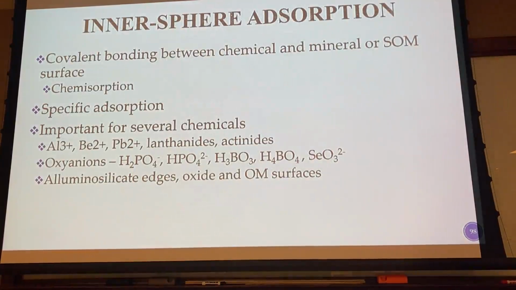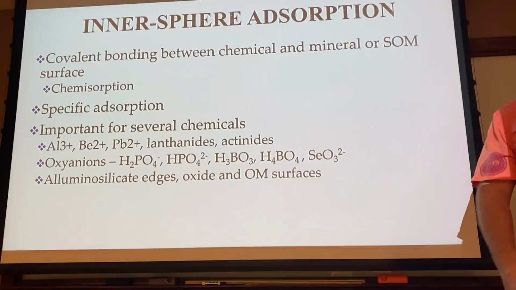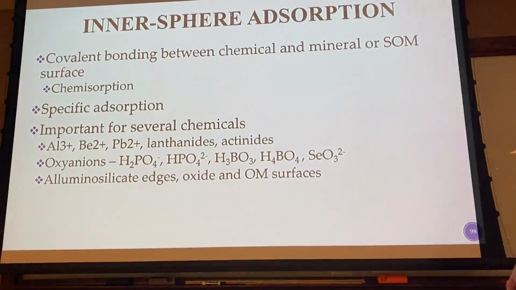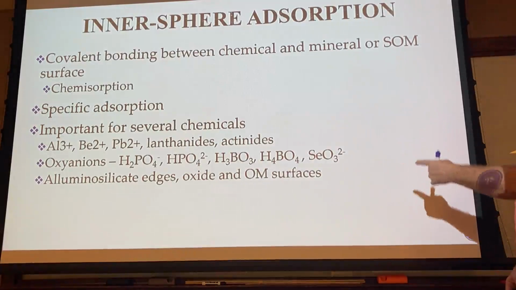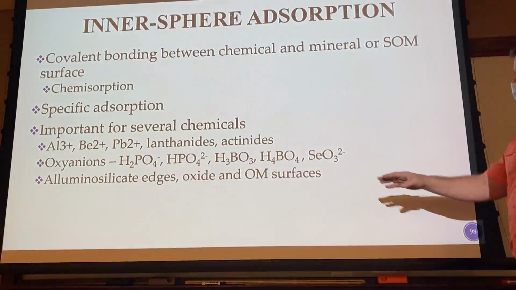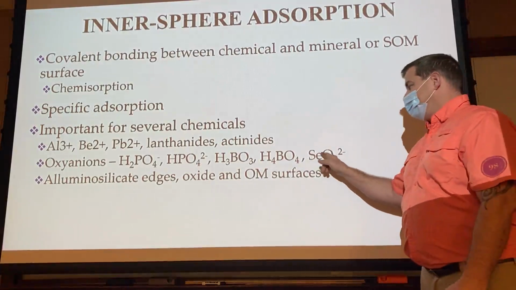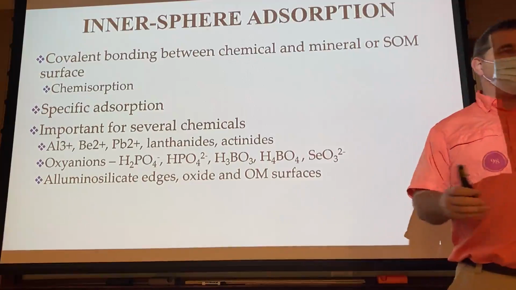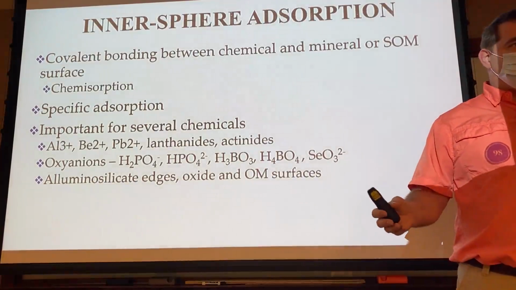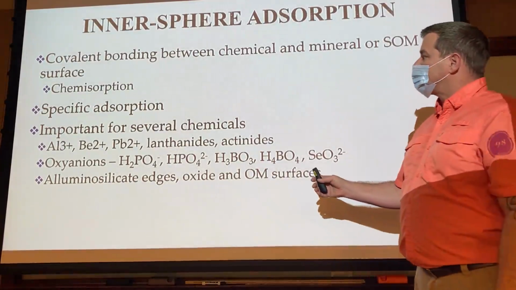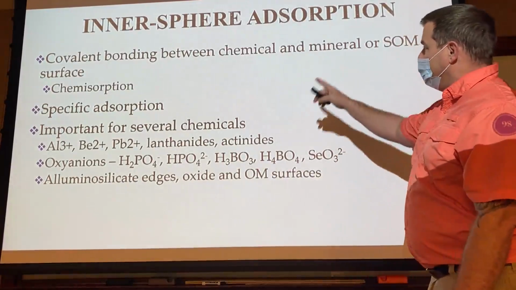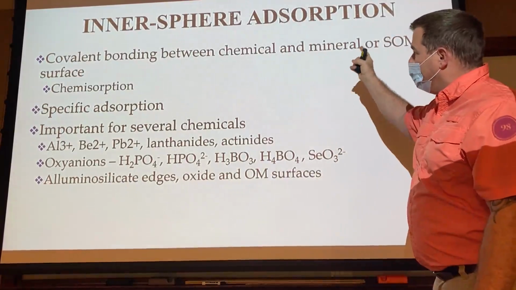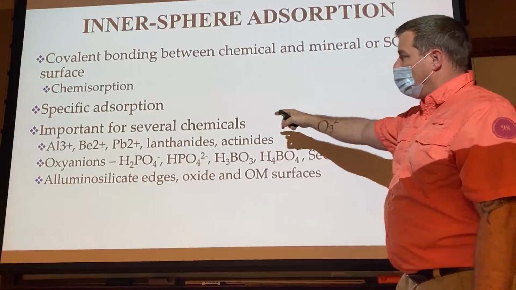Now, inner sphere complexes are more important, and you'll find these mostly with your transition metals. We have some lanthanides and some actinides, our phosphates and selenate, any of the ates and ites, really. That's kind of how I think about it. We have that covalent bonding between the chemical and the mineral of the soil organic matter.